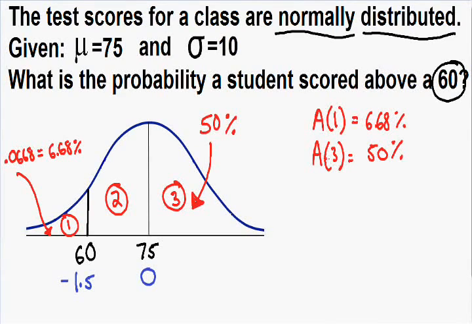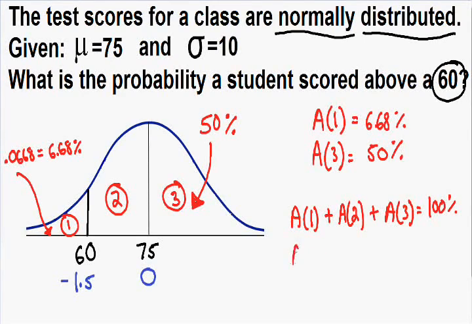But we do know that the total area under the curve must equal 100%. So if we add the area of section 1 plus the area of section 2 and the area of section 3, all those together have to equal 100%. So we can solve this equation for the area of section 2 just by subtracting area 1 and area 3.